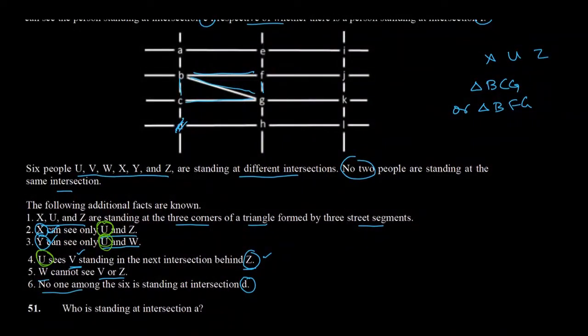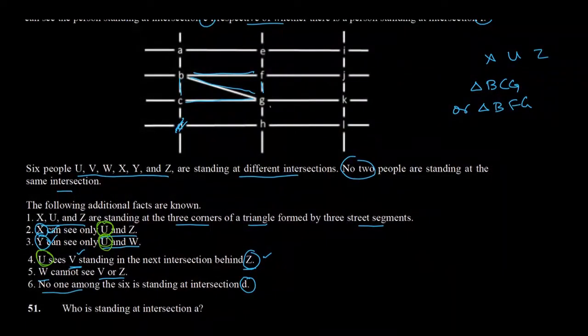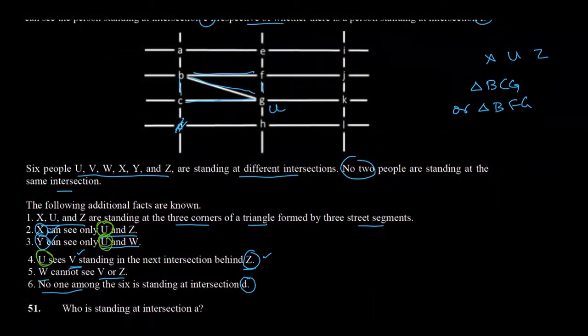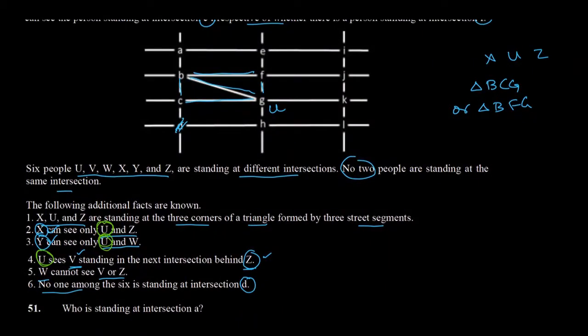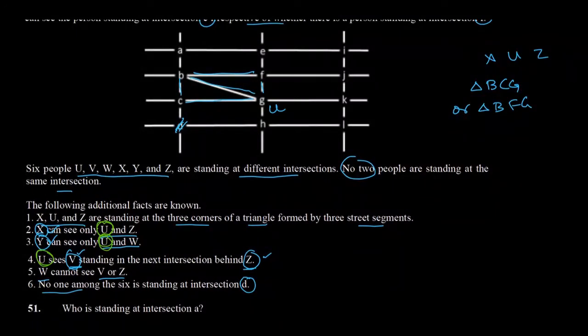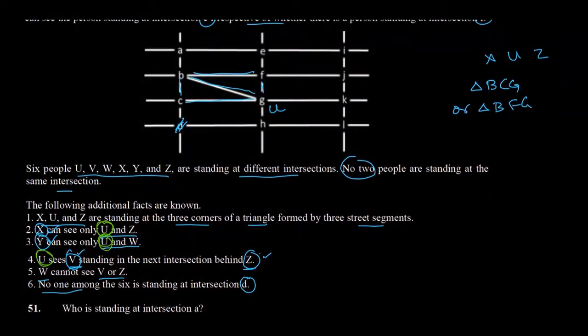So X, Y, Z and V can all see U. Therefore, U has to stand here, and you will be seeing V behind Z, not the other way around.